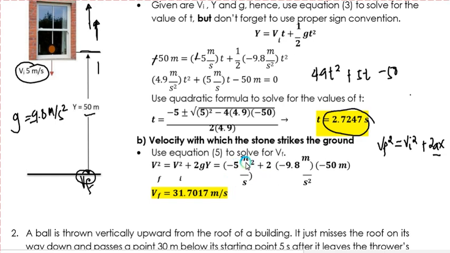Vi is negative 5 meters per second, squared, plus 2 times gravity, 9.8 meters per second squared, times our distance, negative 50, because of our convention. It is still the same if we use positive values. Solving for the final velocity and manipulating this, we come up with 31.7017 meters per second. So take note, nothing changed in the concept of linear motion, whether it is horizontal or vertical.